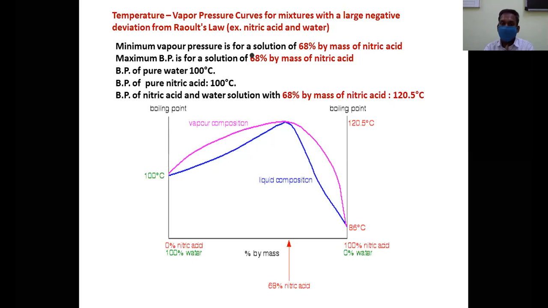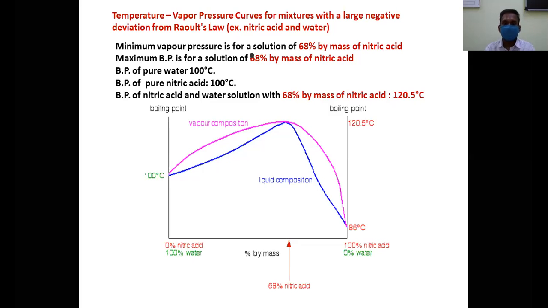Again, at that maximum boiling point temperature, at 68% by mass of nitric acid, the composition of vapor and the composition of liquid are becoming equal, are becoming identical. What is the significance of that point I am talking about, where the composition of vapor and composition of liquid are becoming identical?